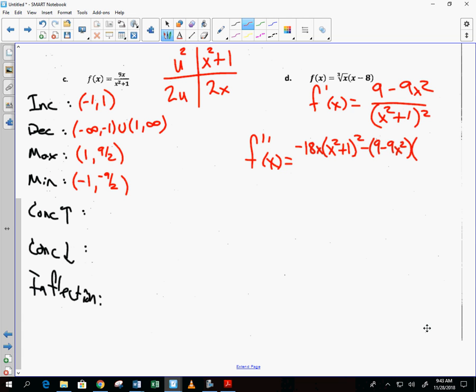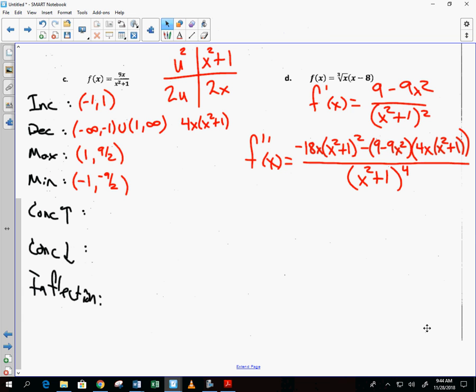So it looks like when I multiply these together, I get 4x times x squared plus 1, right? 4x times x squared plus 1, all over what? To the 4th power. That looks disgusting. What cancels? Nope.